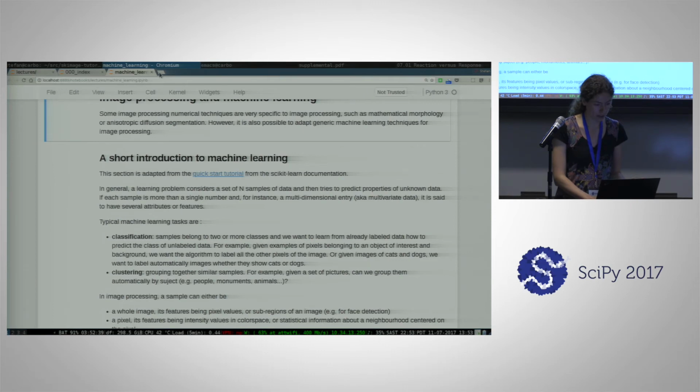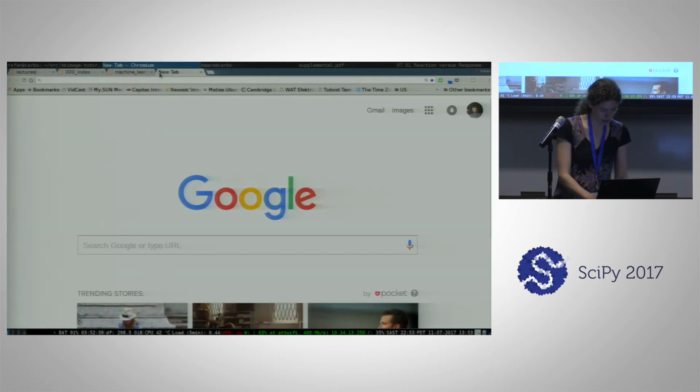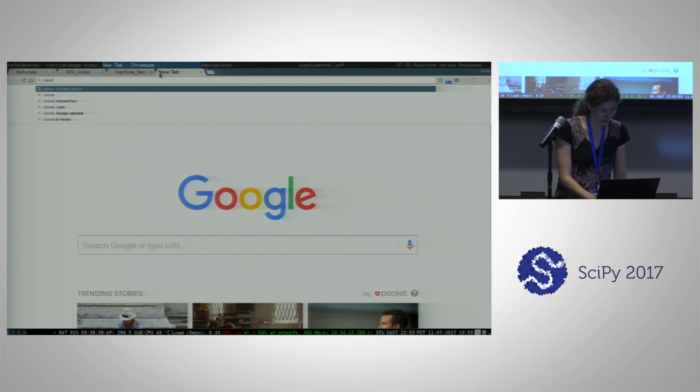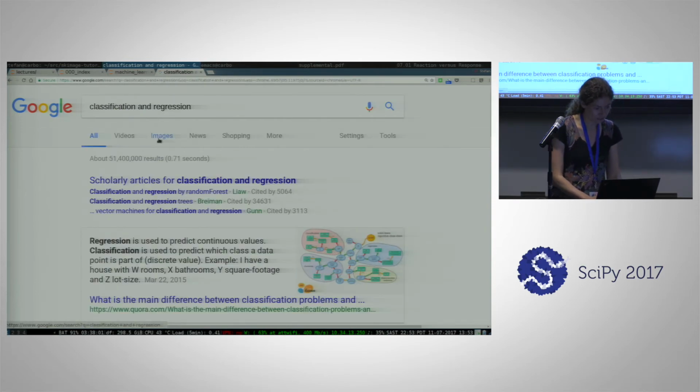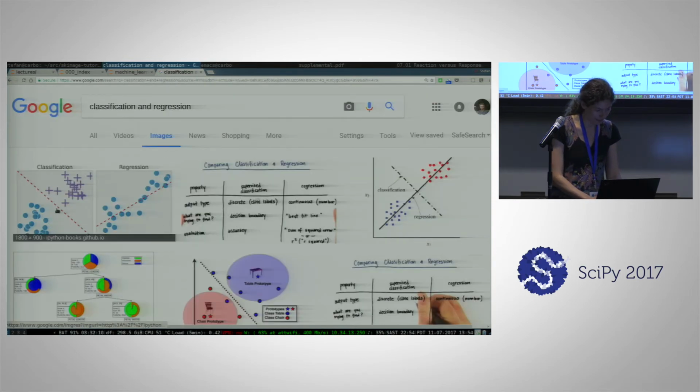So I just try to find an example. Let's see. I had found a very nice image on Google Image, but it was on my computer, and I cannot use my computer. Yeah, that was one.